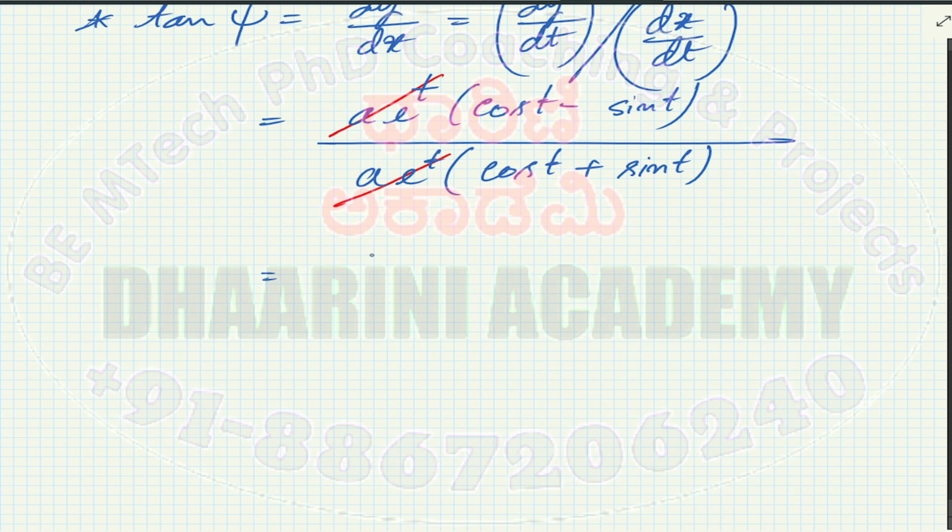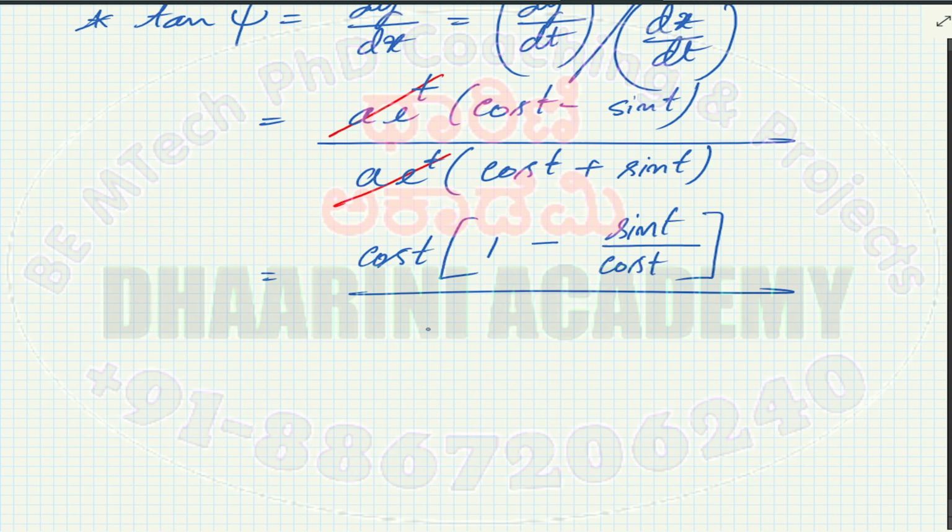What I do, I try to cancel a few more terms. So I'll take the cos t outside. When you take the cos t out from the second term, you have to divide that by cos t. This is the numerator, divided by the denominator.